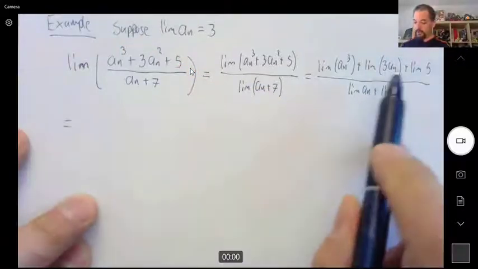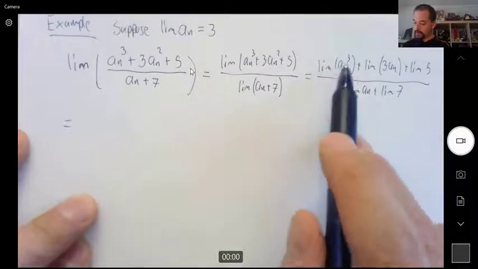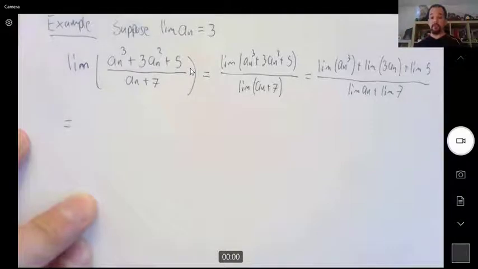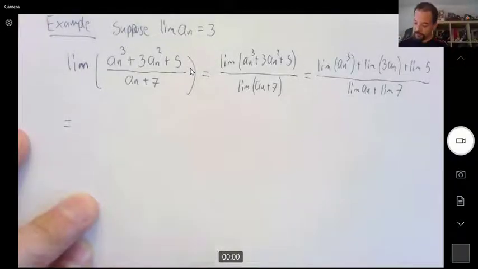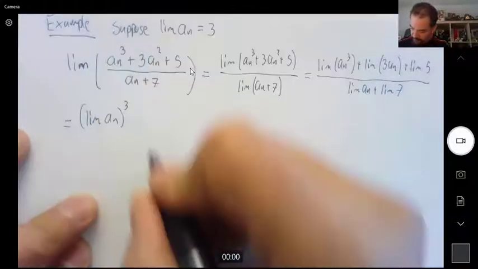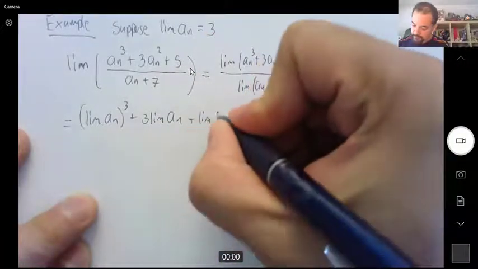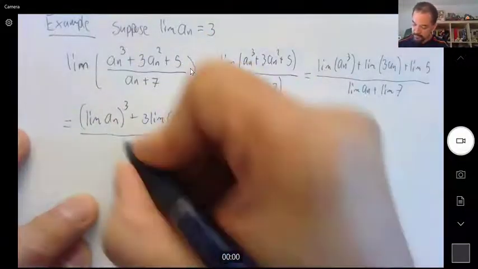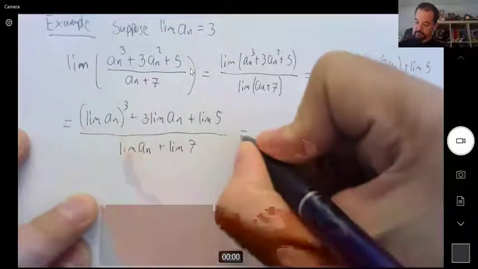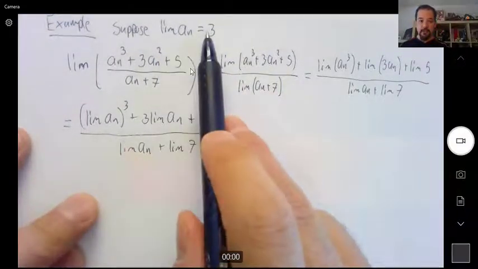Now further, you can take this 3 out as a constant. And this an cubed is like an multiplied with itself 3 times, so you can use the product property 3 times. What you're going to get is the limit of an to the third plus 3 times the limit of an squared plus the limit of 5, divided by the limit of an plus the limit of 7. And finally, we can now do it, right? Because by assumption, the limit of the sequence an is 3.